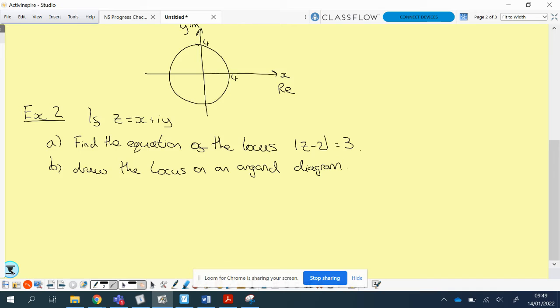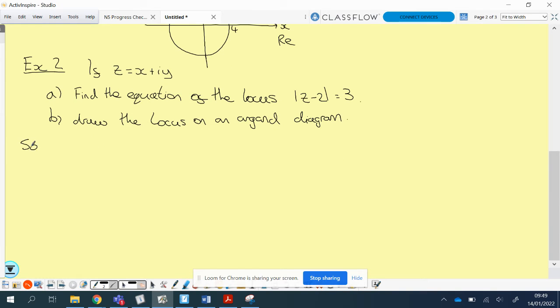Again, this question gave us a bound, a restriction on the size of the complex number. They're telling us that the size of z minus 2 has got to be equal to 3. So let's start with that fact: the modulus of z minus 2 equals 3.